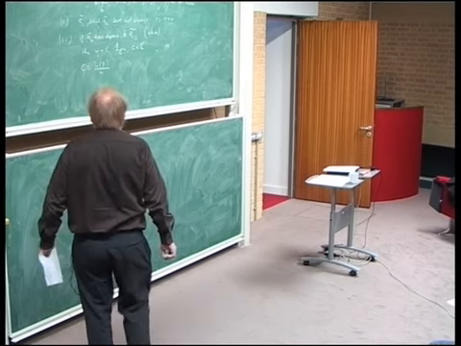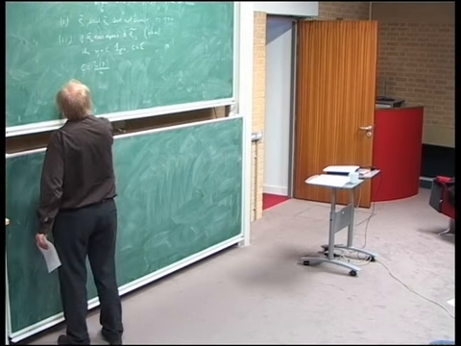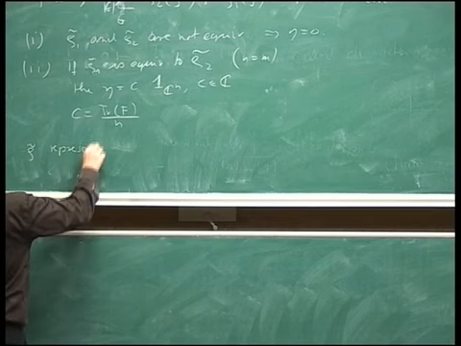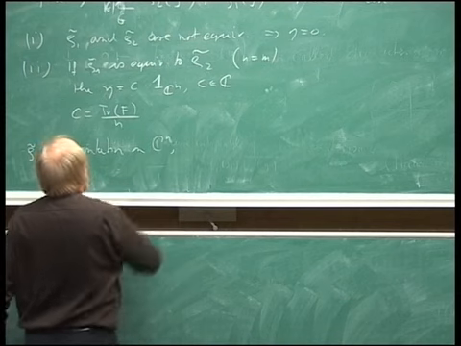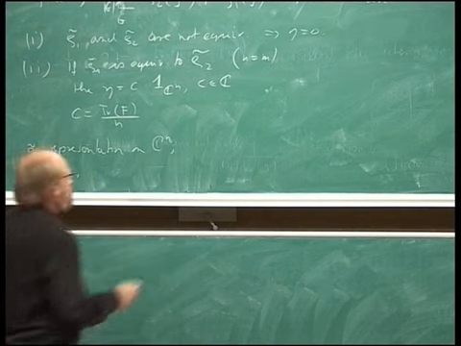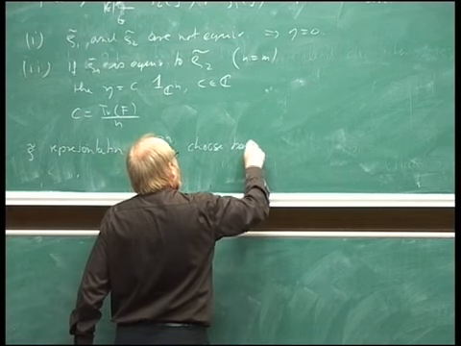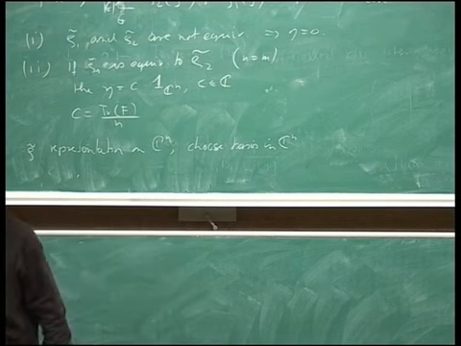So this leads us to the next point. If we have a representation on Cn, then I can choose a basis in Cn. Of course, we know that there is no canonical basis.